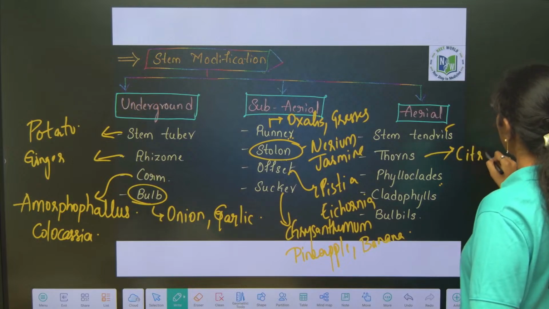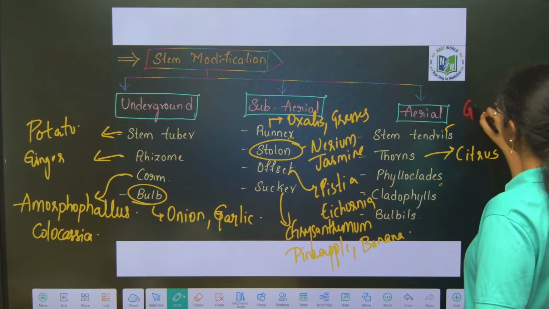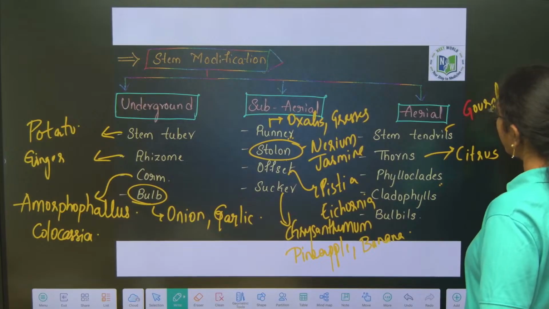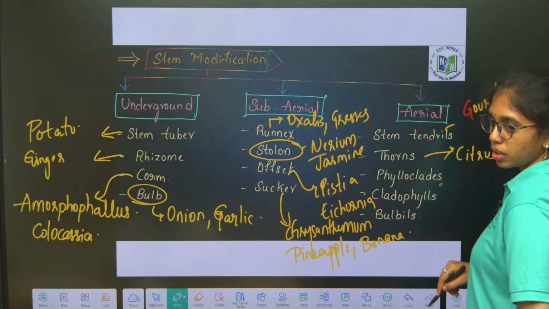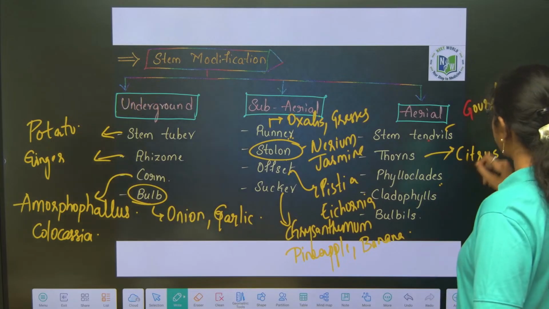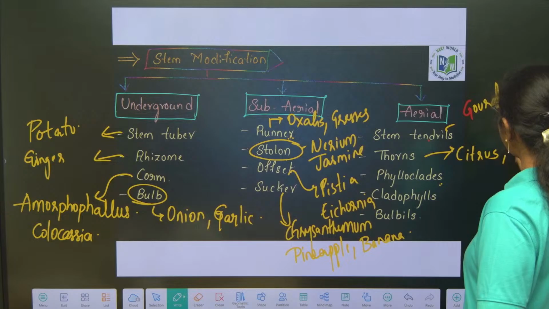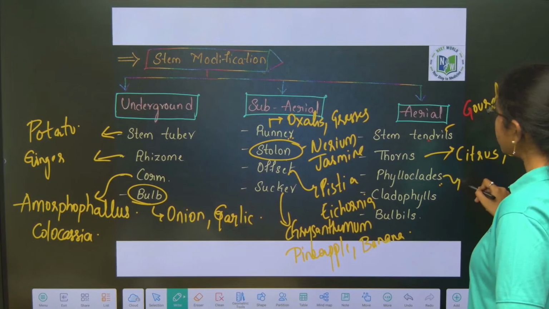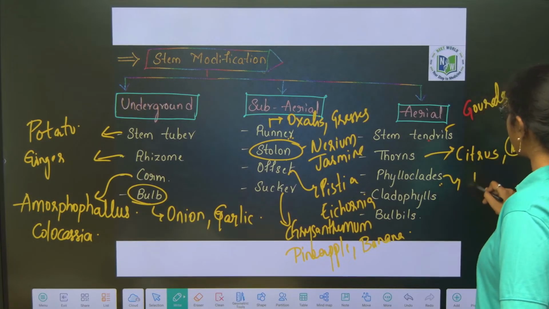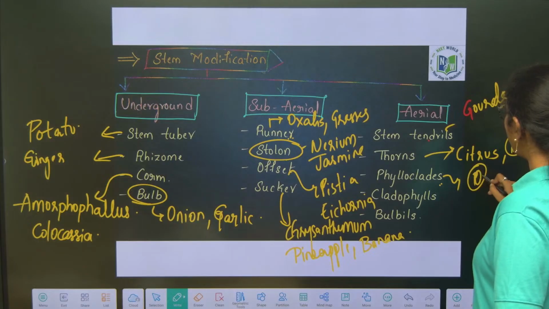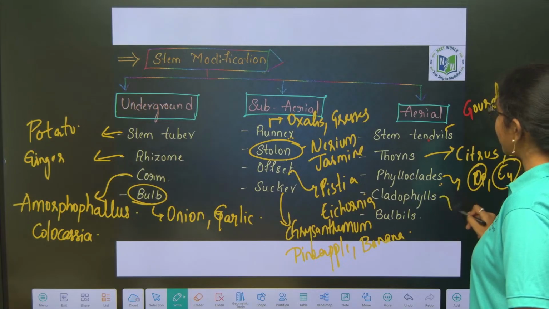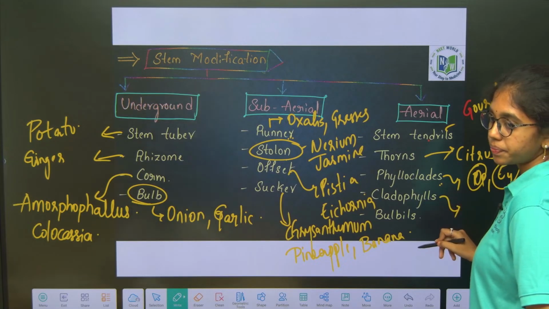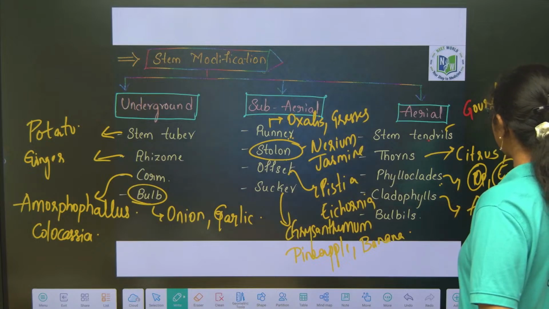Gourds like cucumber, pumpkin and watermelon come under stem tendrils, and vines like grape. Phylloclades, as you have just said, are Opuntia and Euphorbia. Next, cladophyll examples: asparagus and ruscus.